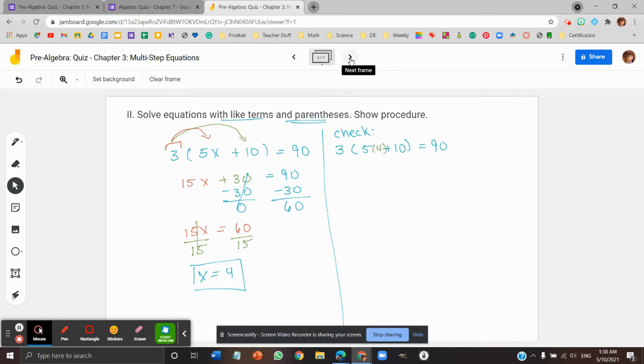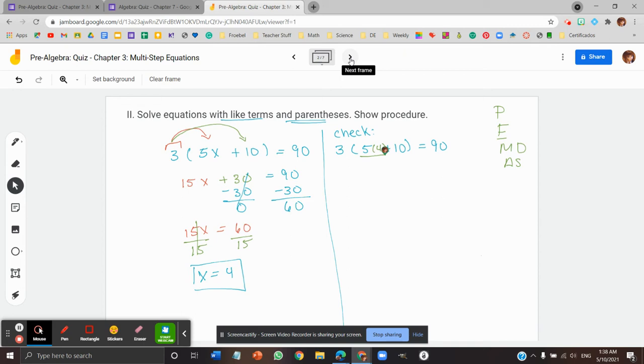So again, now I'm going to look at my order of operations. I have the PEMDAS, remember. Can I solve something inside a parentheses? Yes, definitely I can solve inside a parentheses. I have multiplication and addition. Which one comes first, the multiplication or the addition? The multiplication.